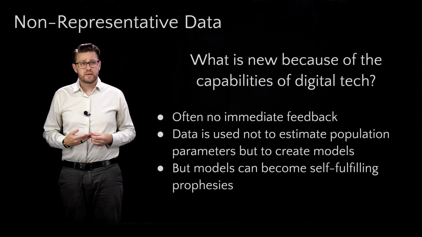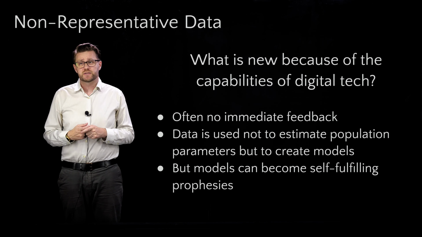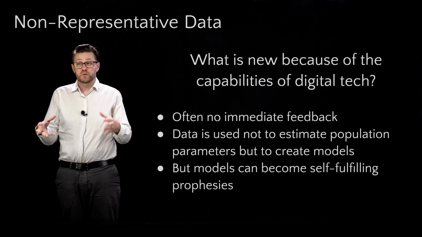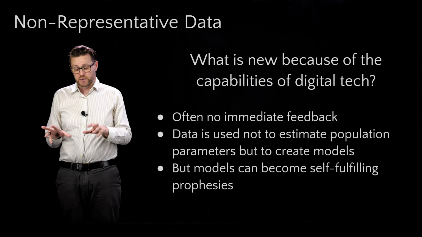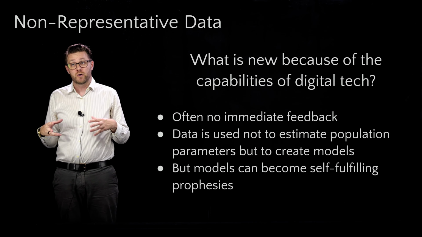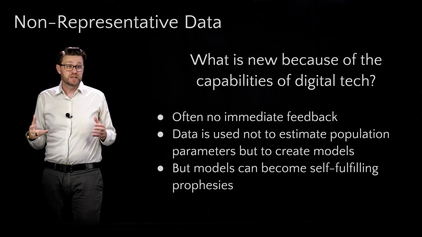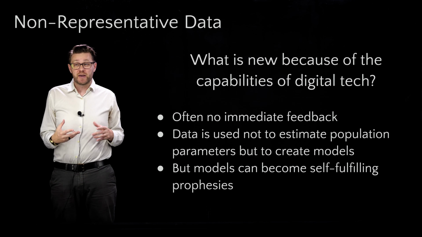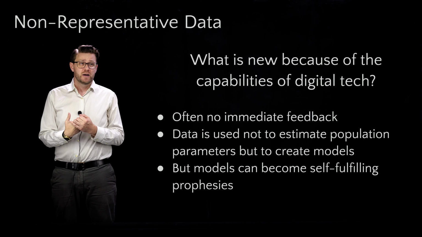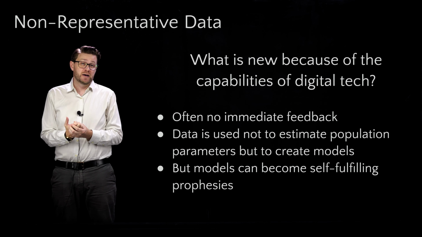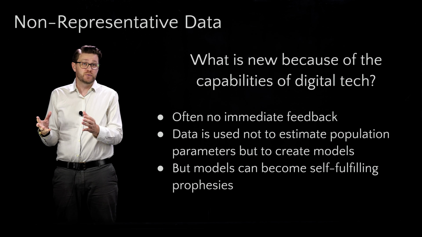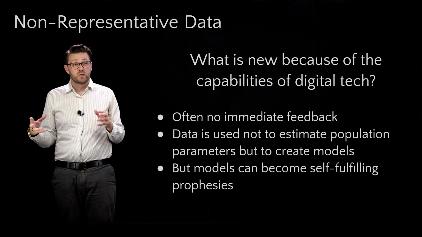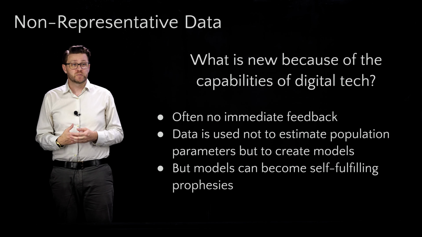Well, in artificial intelligence, data is not used to estimate population parameters. We're not making that probabilistic inference back onto the population. That's not why we have this sample, the subset of data. We have the data because we want to use it to create a model that can make predictions. So that's a different thing. That is not what the best practices in inferential statistics were developed to account for. Okay.